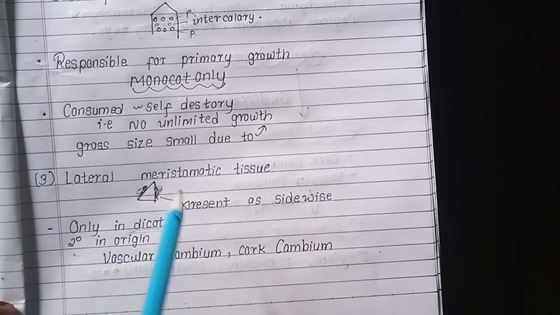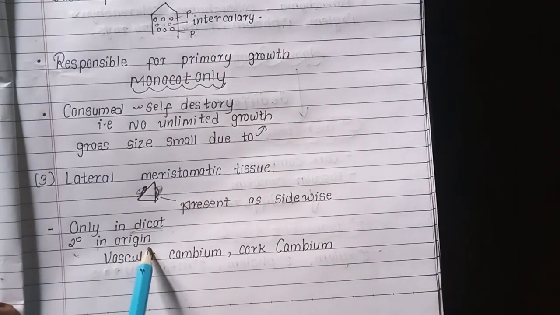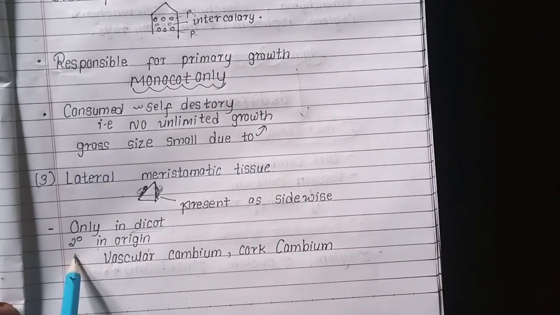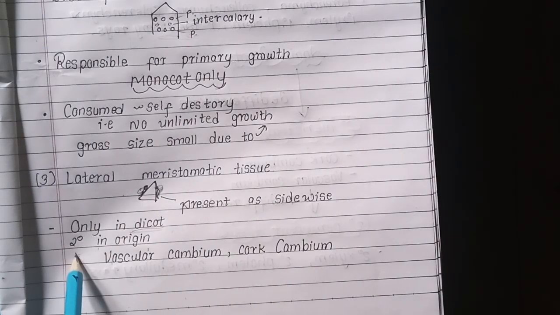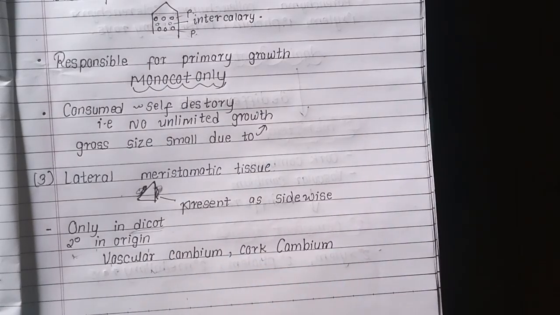Lateral meristematic tissue is secondary in origin, whereas intercalary and apical are primary in origin. Vascular cambium and cork cambium are also formed after re-differentiation.